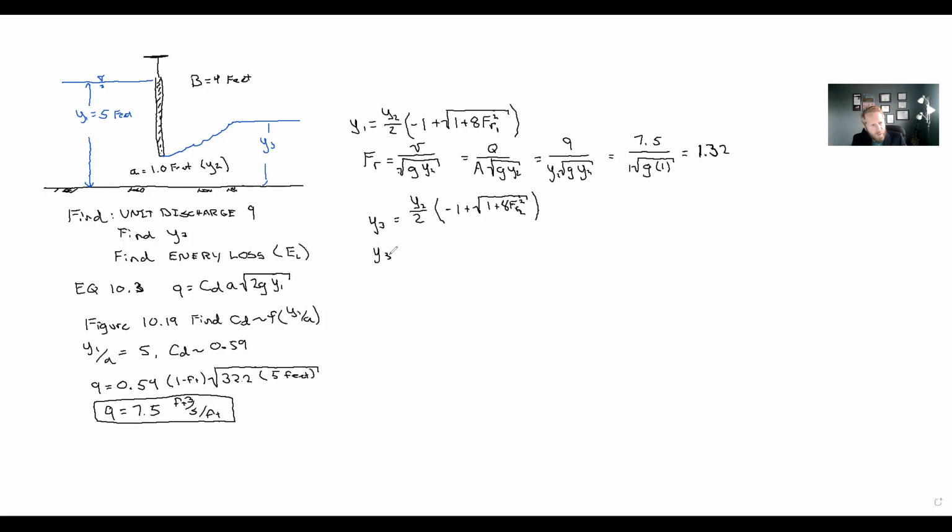So then y3 equals 1 foot, because it's 1 foot deep, so 1 over 2 times the quantity of negative 1 plus the square root of 1 plus 8 times 1.32 squared, and that's all in the square root here.